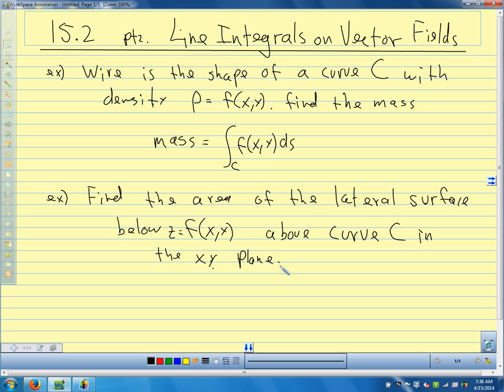So what is this problem asking us to do? Build a wall. It's asking us to build a wall.